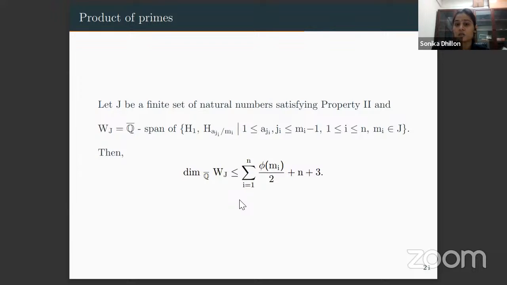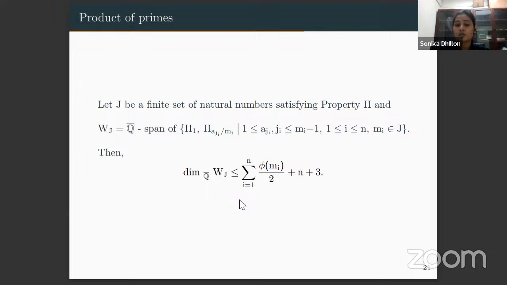So for the case when it is a product of 2 primes, instead of finding the exact dimension, we have found an upper bound for the dimension of the vector space spanned by the product of 2 primes. Here, if you take J to be the set of natural numbers which satisfy property 2, basically we are considering all those numbers which have exactly 2 prime factors and which satisfy some condition.